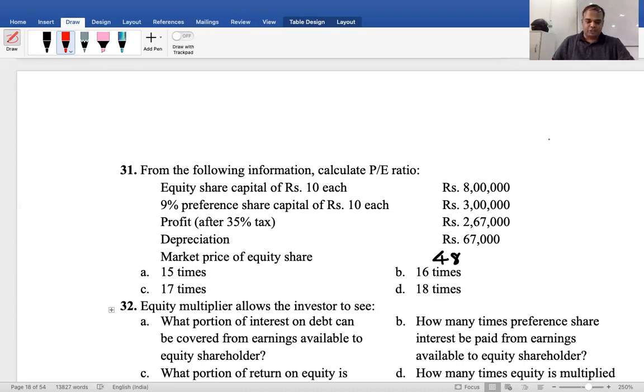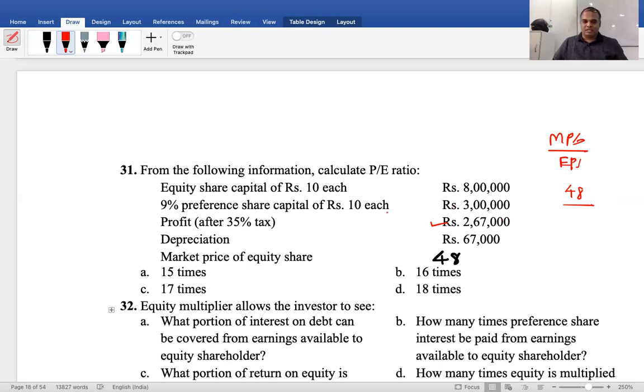Formula for price earning ratio: market price per share MPS divided by EPS. So MPS given in this question 48 divided by EPS. You have to compute EPS only. With respect to EPS, net profit after tax is 2,67,000. Less preference dividend is equal to earnings available to equity shareholders.